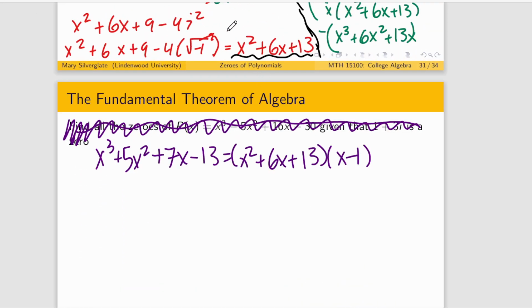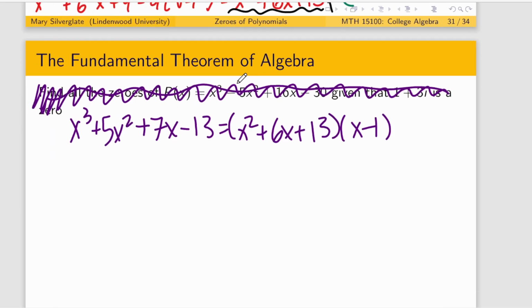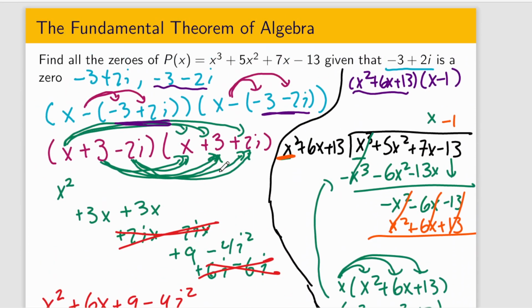And now I have it down to linear and quadratic things. So I know from my linear factor, x minus 1 is 0, means x equals 1 is a zero. I know from my quadratic factor, well, I could re-find all the zeros by doing the quadratic formula, or I could have already just known the zeros by how the problem was originally set up.